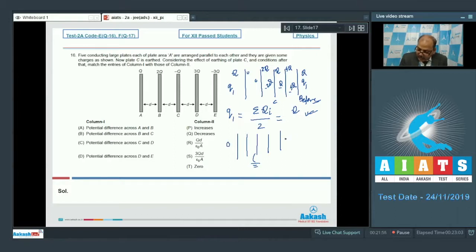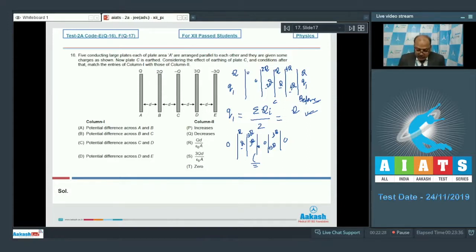So on these 2 surfaces we have 0 charge. Now here it is Q. Obviously it is minus Q then here. And then it becomes 3Q. Then here is minus 3Q. On this side is 0 charge, so there is minus 3Q here. And so plus 3Q will come here. So there is 0 charge here and 0 charge here.